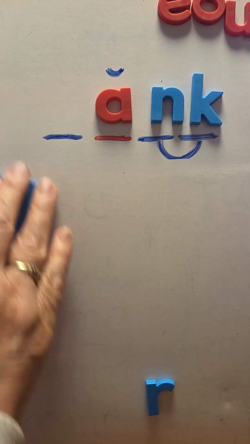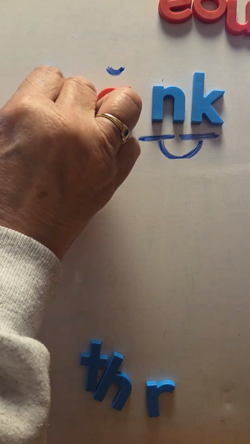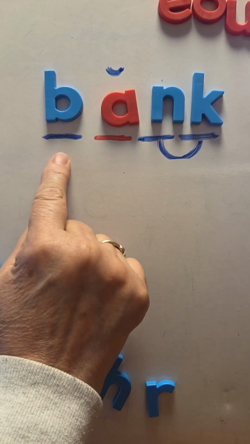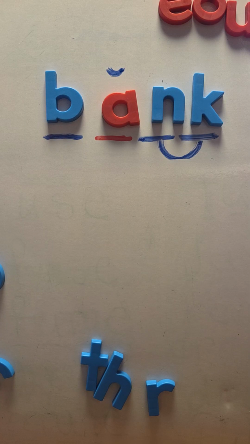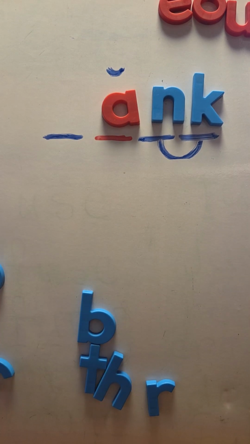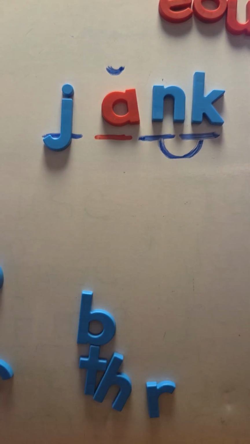Now let's start putting, let's do this. This is a good one. Ank, bank. That can be where you put your money, or it can be the land that's along the riverbank. Let's do some that are either slang or nonsense. Ank, jank.